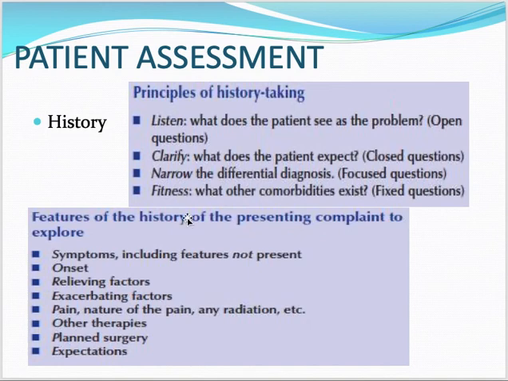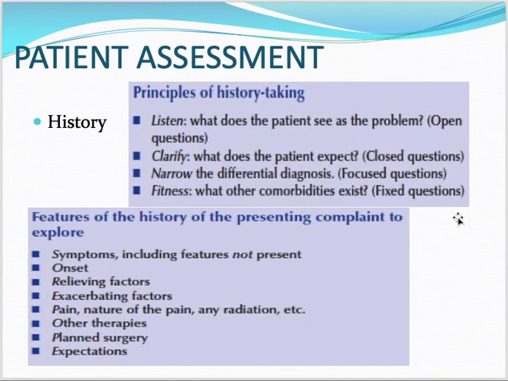Then we can ask focused questions to narrow down the differential diagnosis. And then we can ask some fixed questions, for example to check the comorbidities: do you have diabetes, do you have hypertension, or do you have any family history of this thing.